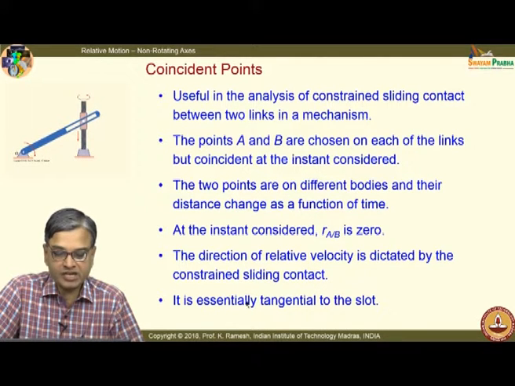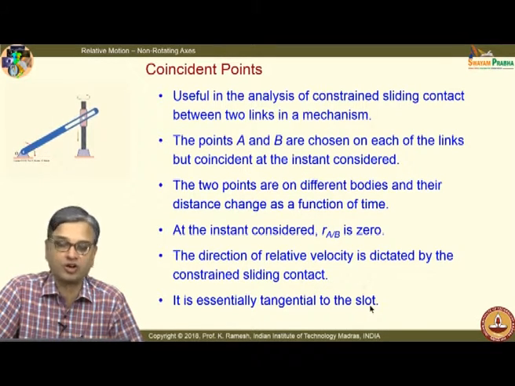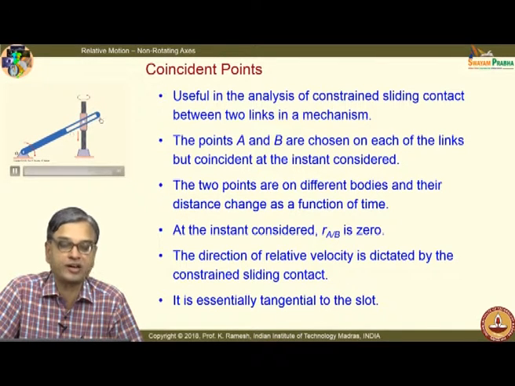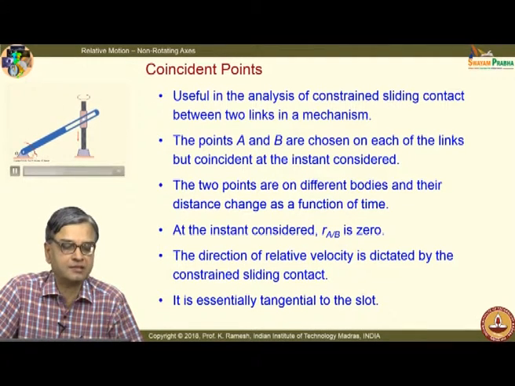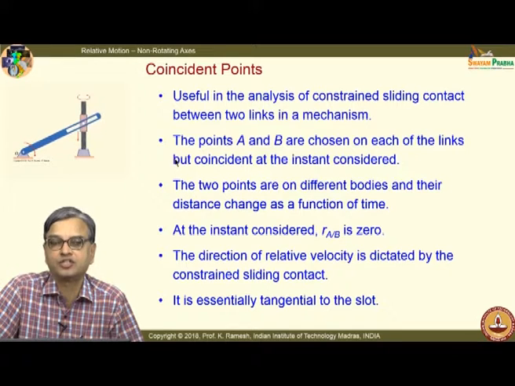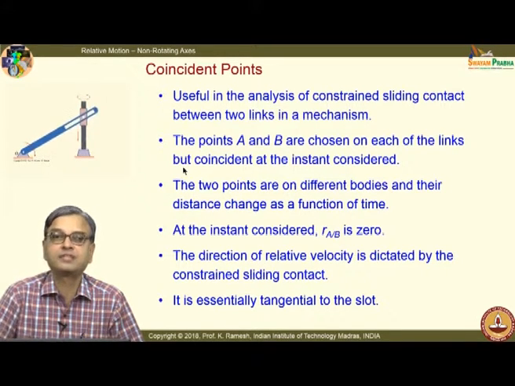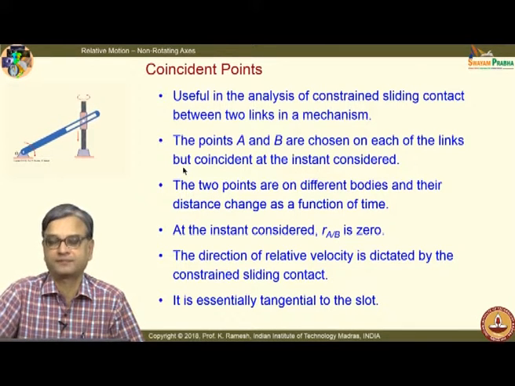It is essentially tangential to the slot. In this case, I have a straight slotted member. Suppose I have a curved slot, and this member is also of a different geometry, then the velocity will be tangential to the slot.